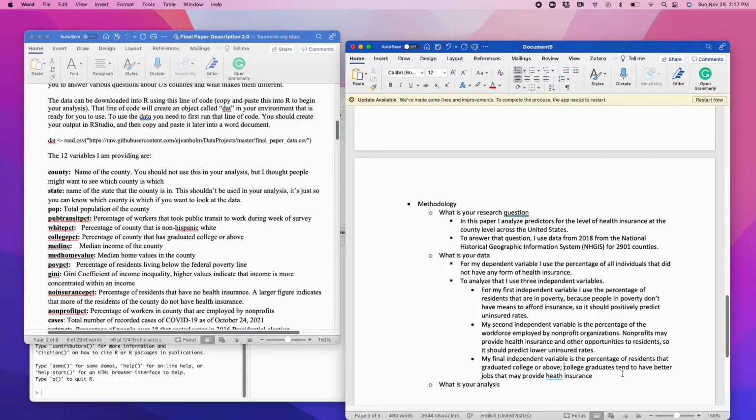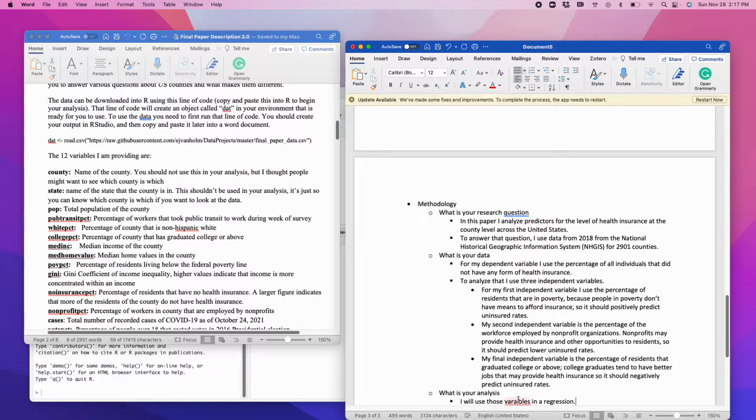And so I want to be clear here. So it should negatively predict uninsured rates. What is my analysis? I will use those variables in a regression.